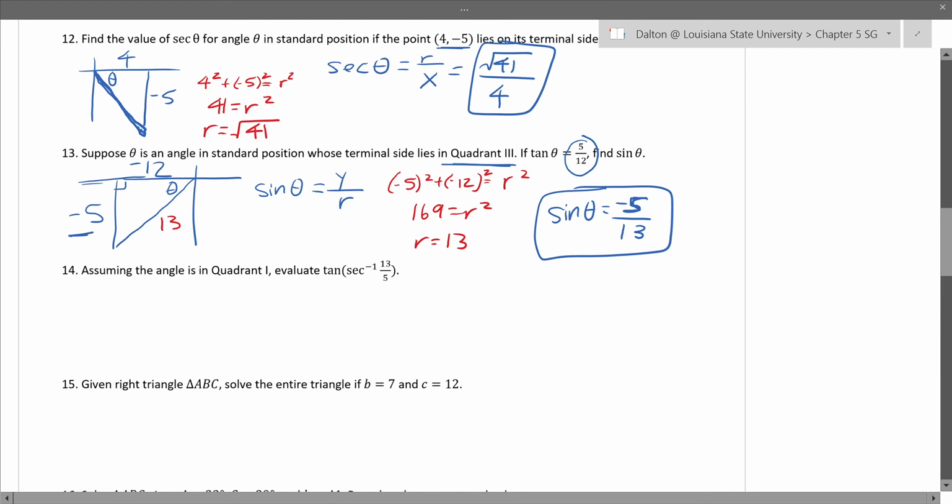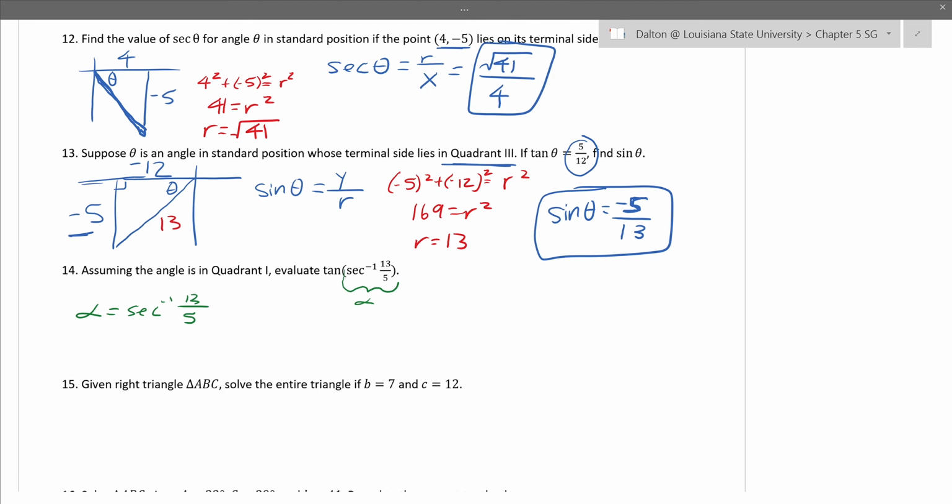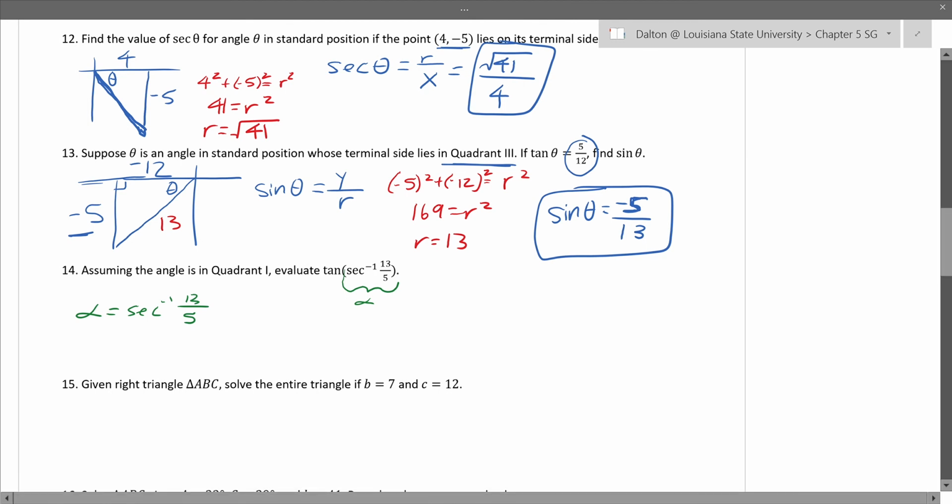Essentially what you want to do is define the inner part of this function. So we want to define this inverse secant of 13/5 as alpha. Then if alpha is secant inverse of 13/5, I want to use this information to draw a triangle so that I can set up the tangent ratio it's asking for.